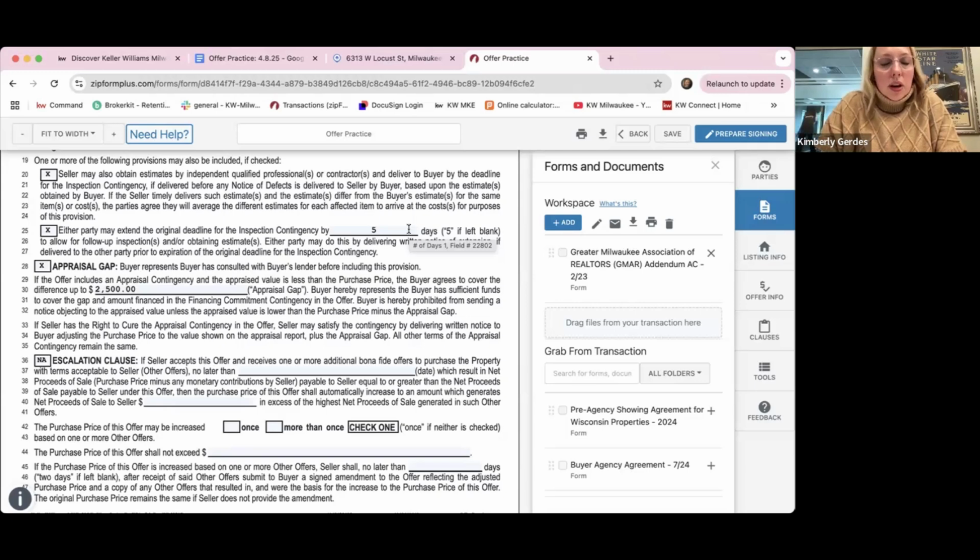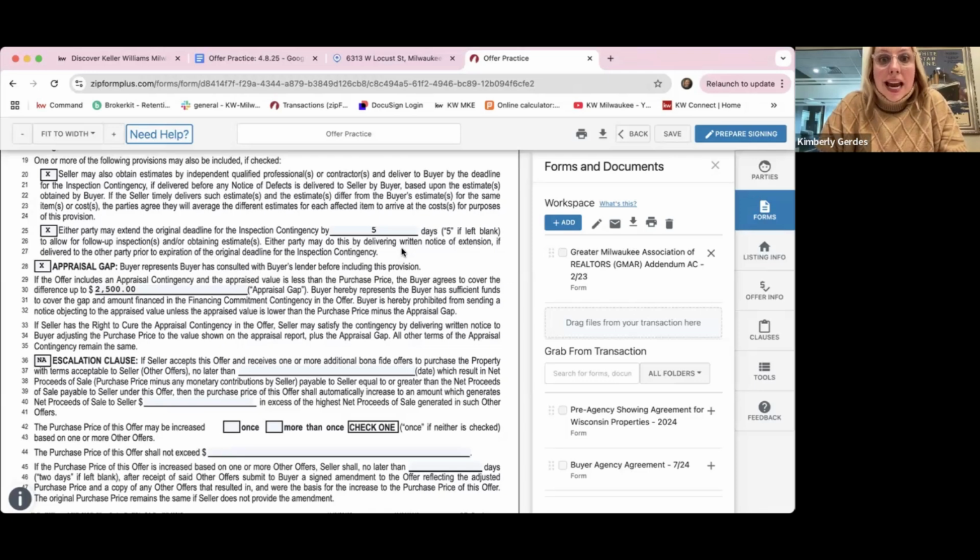If we're struggling to get estimates in, or if we can't get somebody in until day 11, this gives us a little extra cushion to extend that deadline. However, you have to get it in writing by delivering a notice that you are in fact going to be extending the inspection contingency deadline, and you have to deliver that to the other party prior to that original deadline expiring.